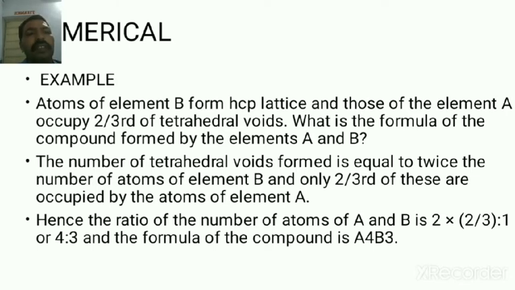Out of this 2X, 2/3 is occupied by the constituent particle, that is A. Hence, the ratio of the number of atoms of A and B is 2 into 2/3 is to 1, that is 4 is to 3. And the formula of the compound therefore is A4B3.